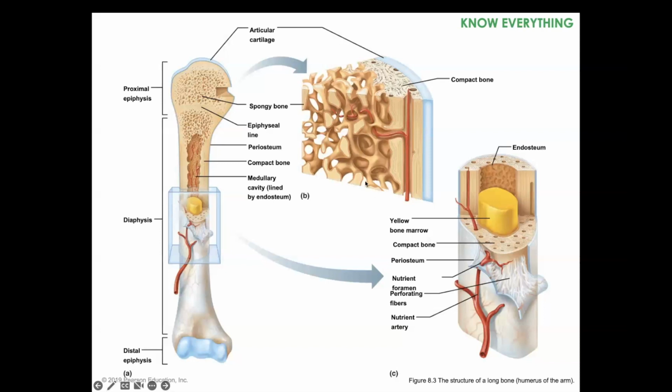Also note that within your epiphysis, you're going to find spongy bone. It's going to look like a sponge. It's going to allow for a network of blood vessels and nerves to run through. It's going to be a lot softer than your compact bone.